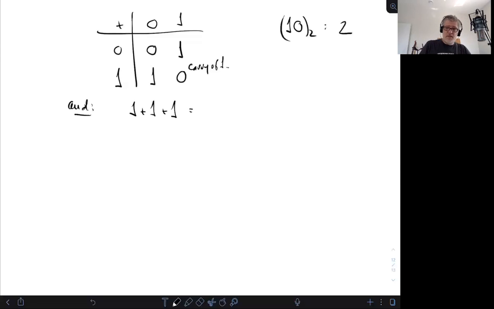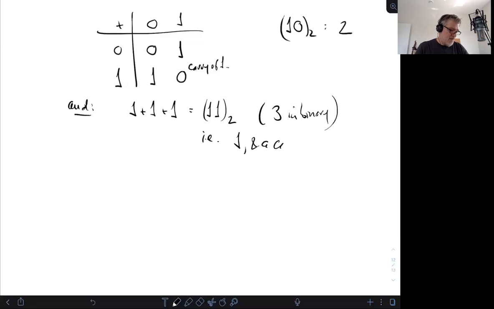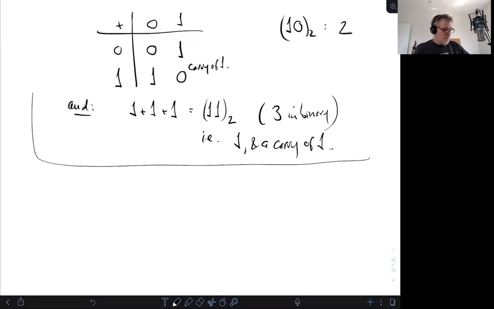This is 3 in binary, so it's 1 and a carry of 1. So that's all you need to know to add in binary. And then you just repeat the algorithm and that's it.